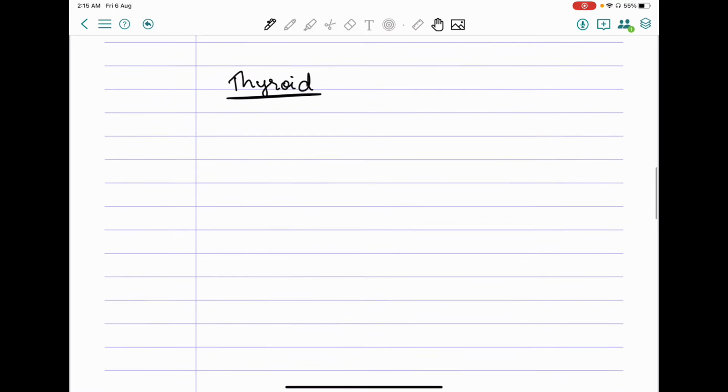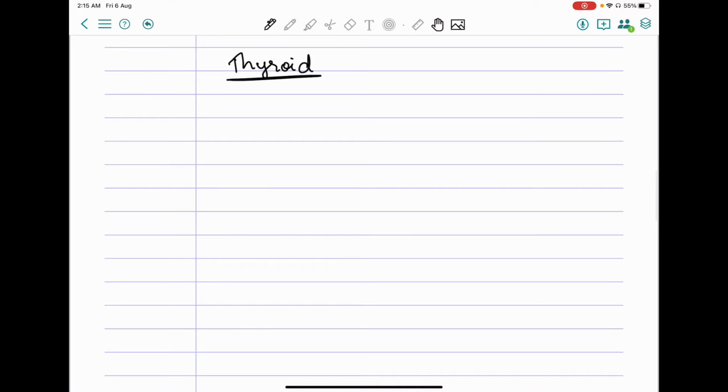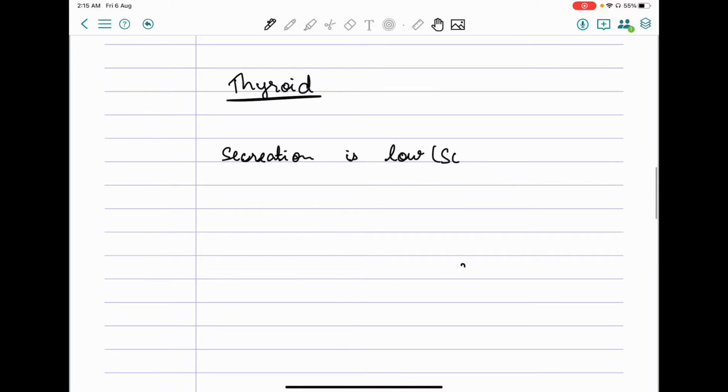It depends on the secretion of thyroid. The thyroid follicle lining depends on the amount of thyroxine secretion. When the secretion is low, or scanty, then it is squamous.